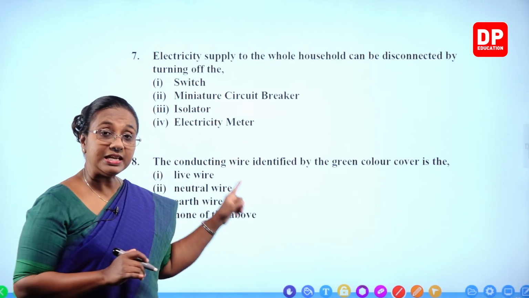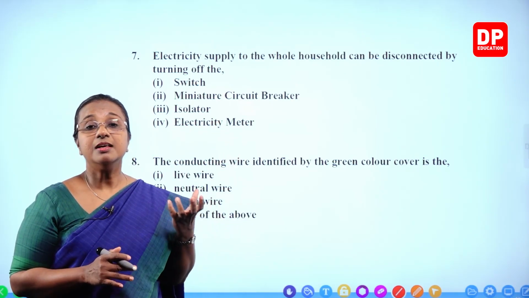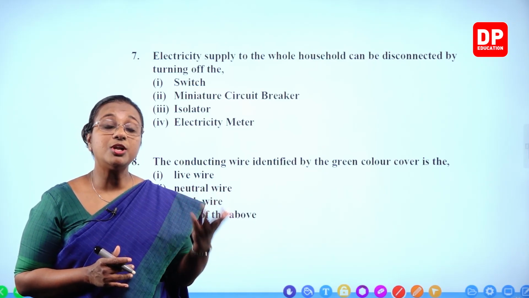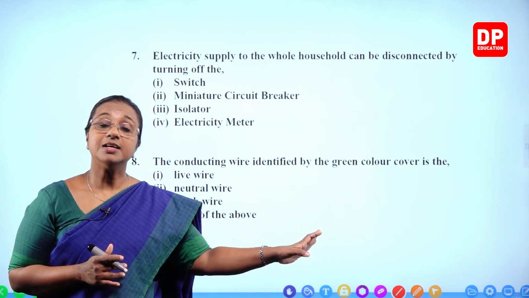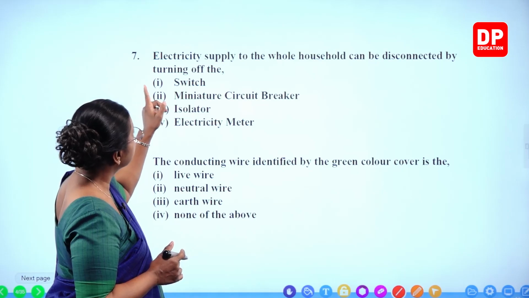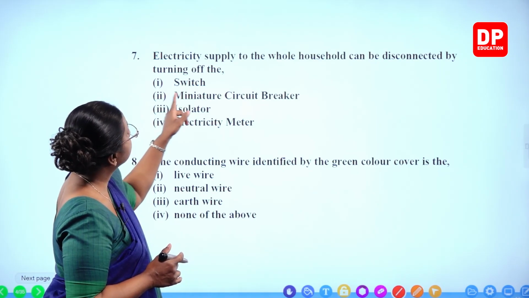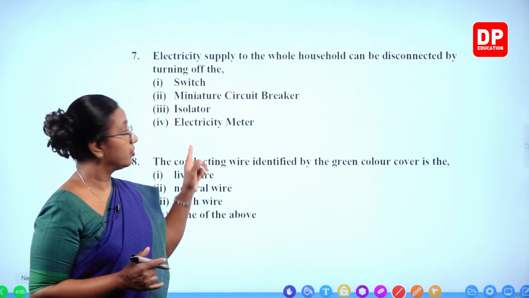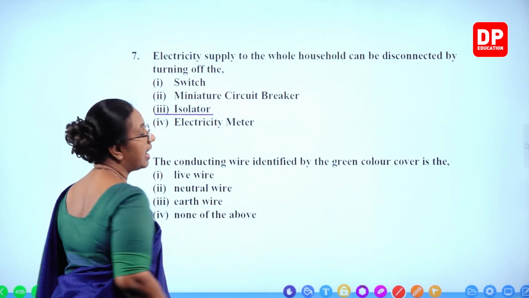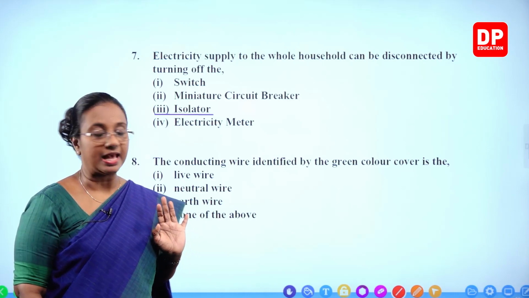Then the electricity meter only keeps a record. It just measures or monitors the amount of electricity consumed by the consumer. So the component that can disconnect electricity supply to the whole household is the isolator. You have to remember that.